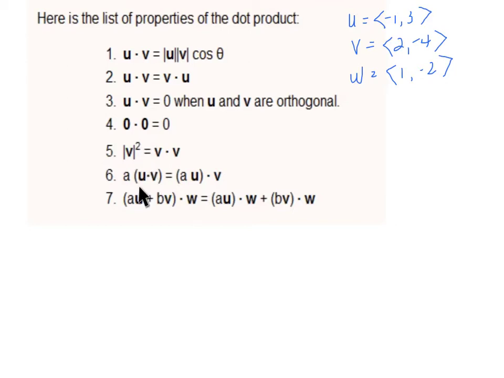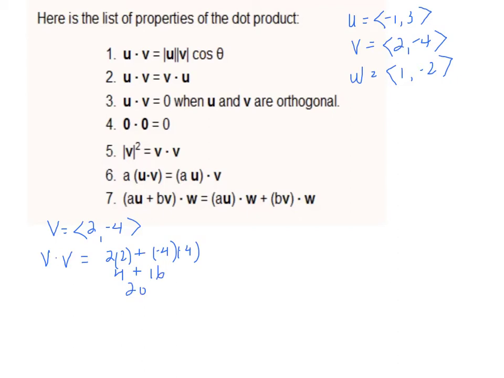Now, 5 and 6, I'd like to work through, because this says the magnitude of v squared is equal to the dot product of v dot v. So for number 5, I've got v equal to 2, negative 4. If I did v dot v, that would be 2 times 2 plus negative 4 times negative 4. This would be 4 plus 16, which is 20.